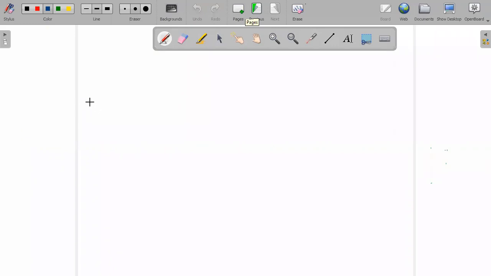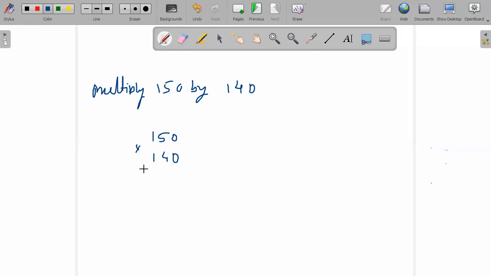One more. Multiply 150 by 140. What will be the base here? 100. Minus 50, minus 40. What will be the answer?